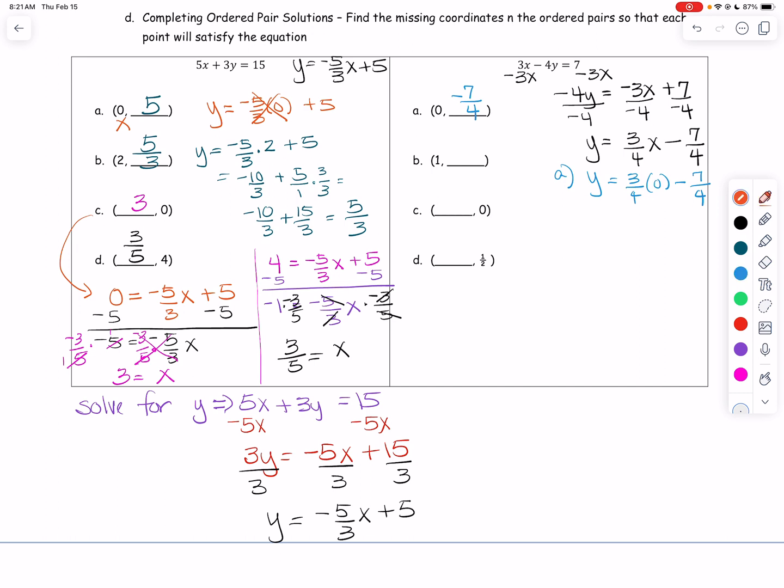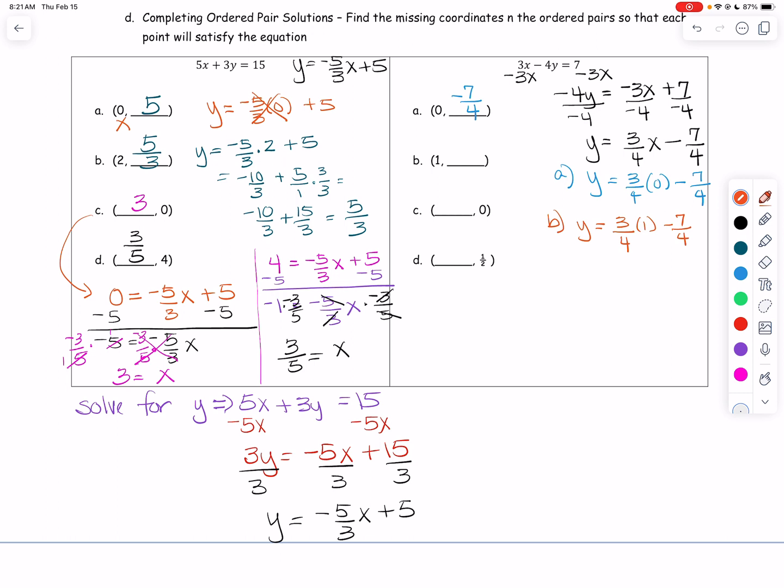Okay. All right. For B, now we have y, and we're looking for y when x is 1. So 3/4 times 1 minus 7/4. Well, that's good because they have the same denominator.